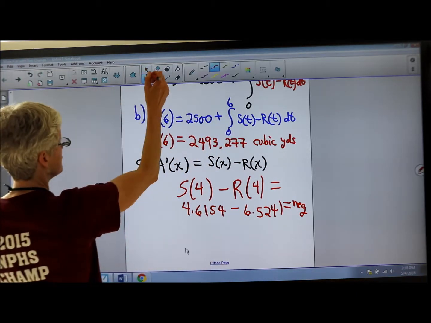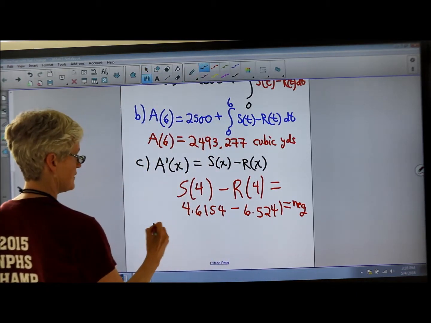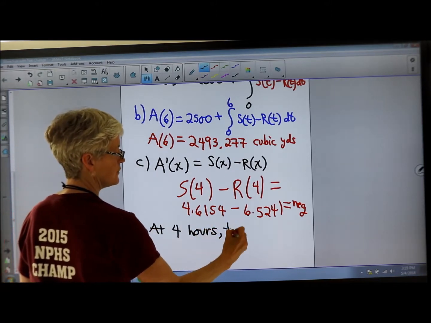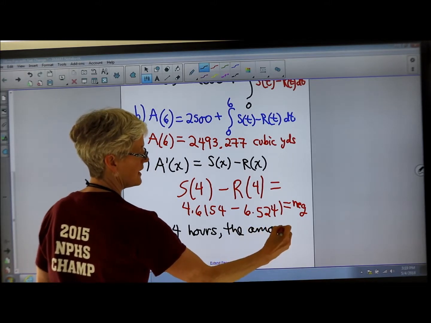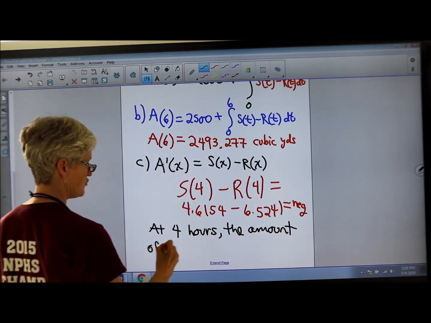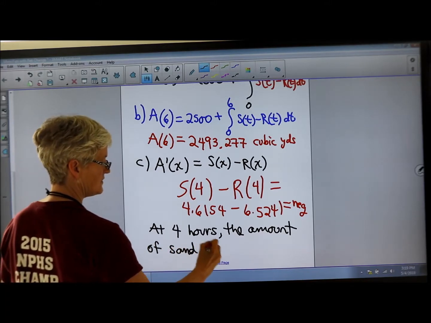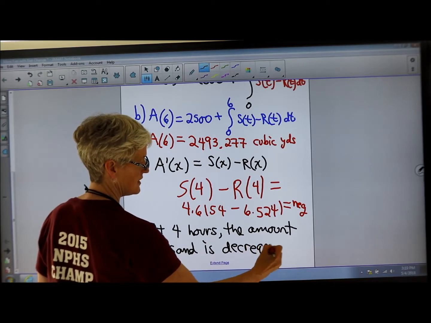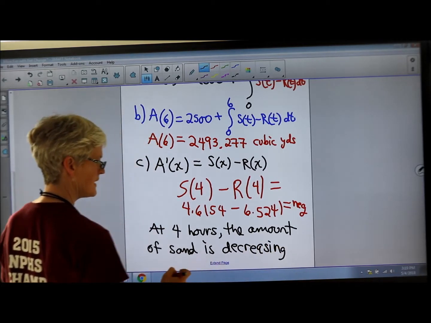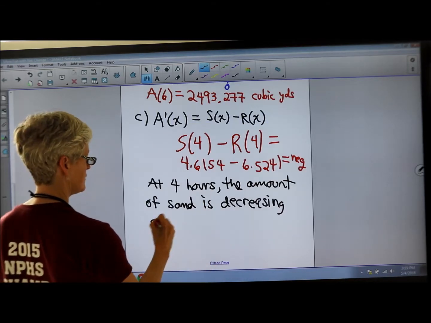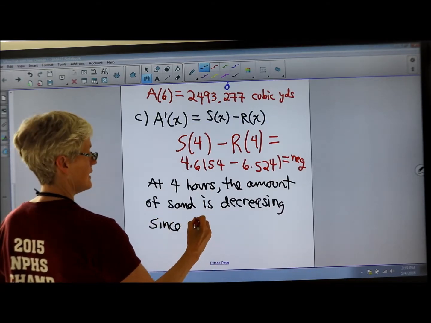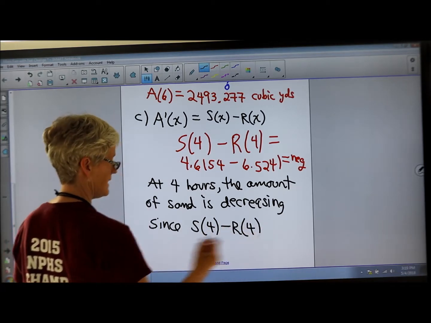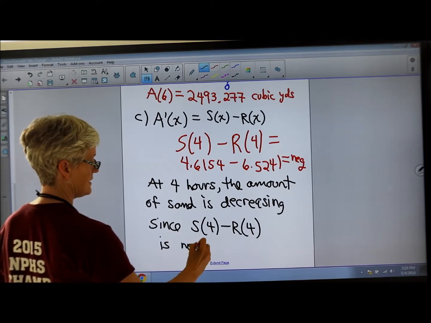So the amount of sand on the beach at 4 hours is decreasing since S of 4 minus R of 4 is negative.